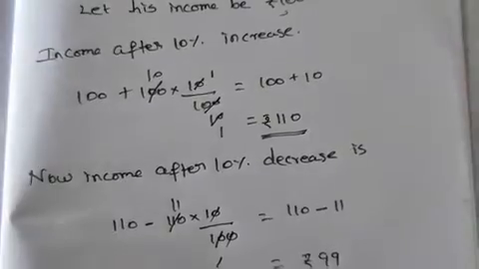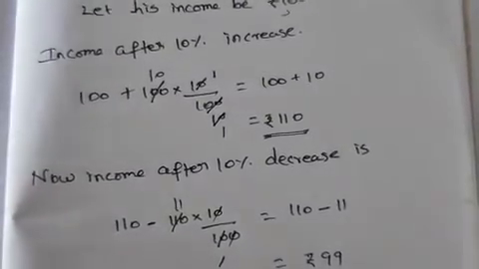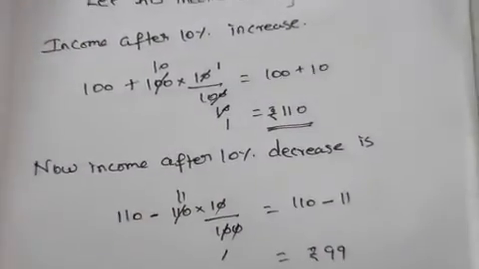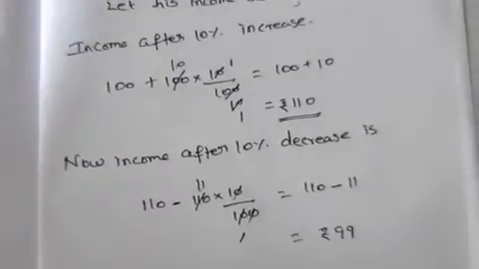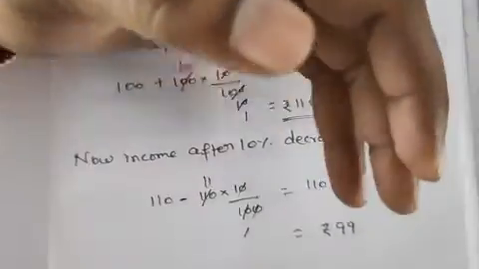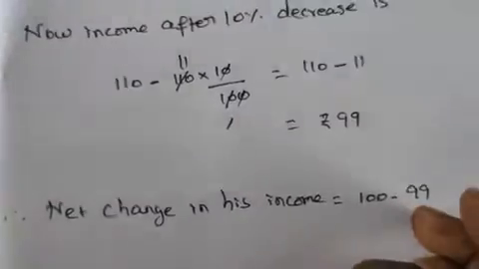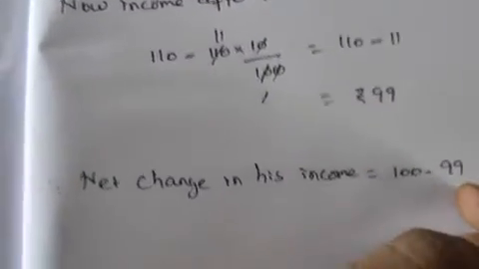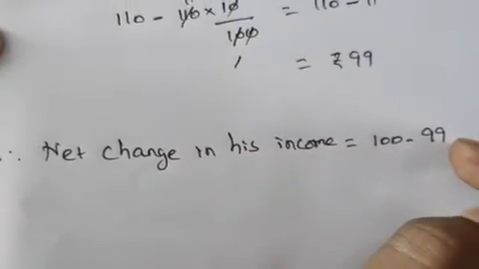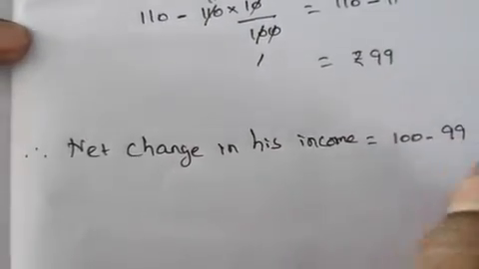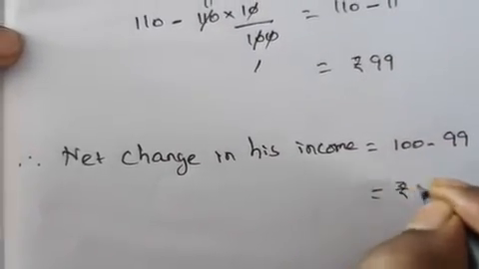After that, the income is decreased by 10%, then we get 99. Therefore, the net change in his income is 100 minus 99, that is equal to 1 rupee.